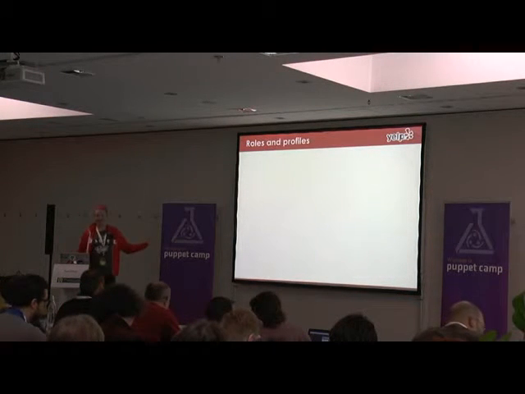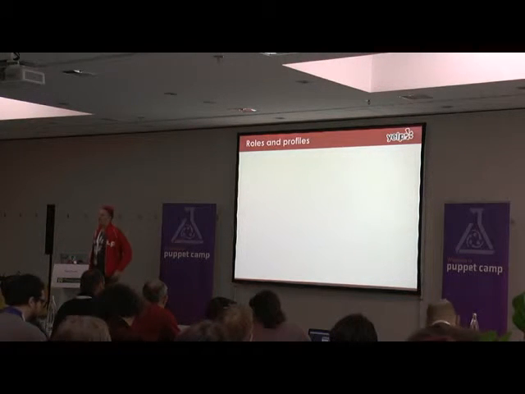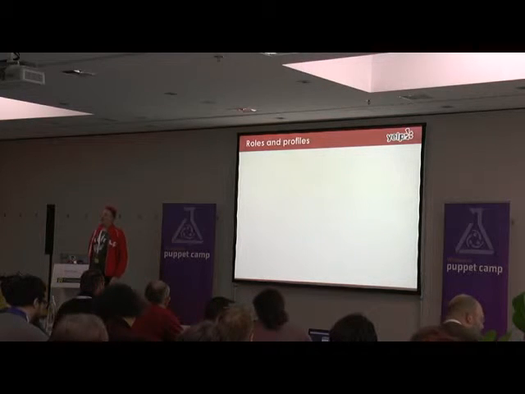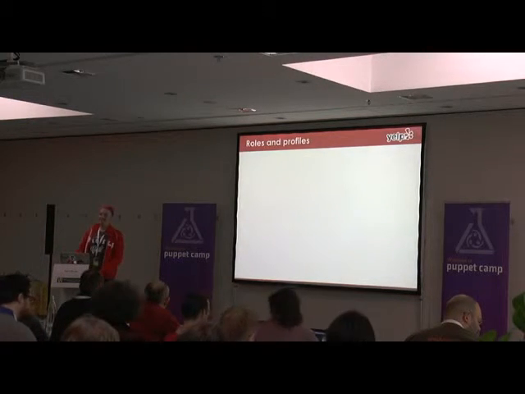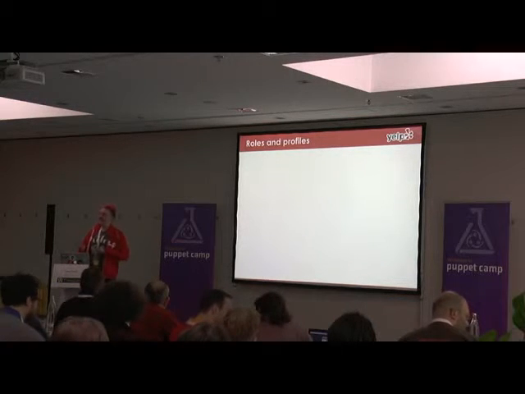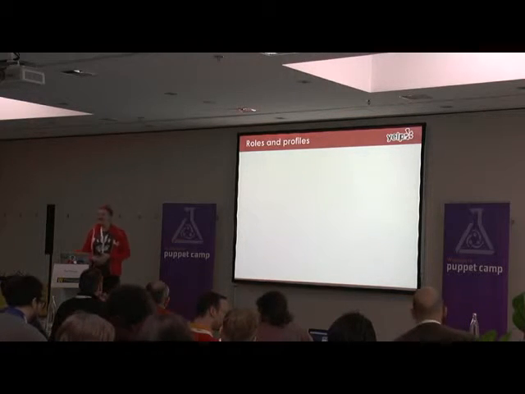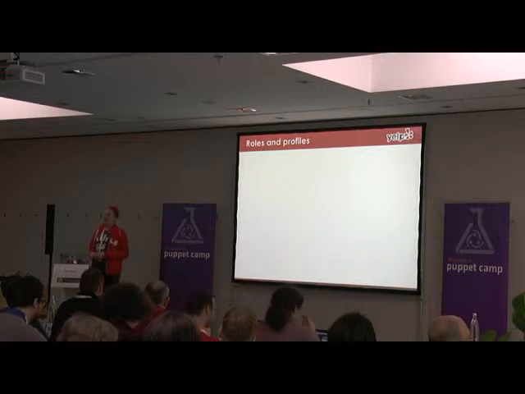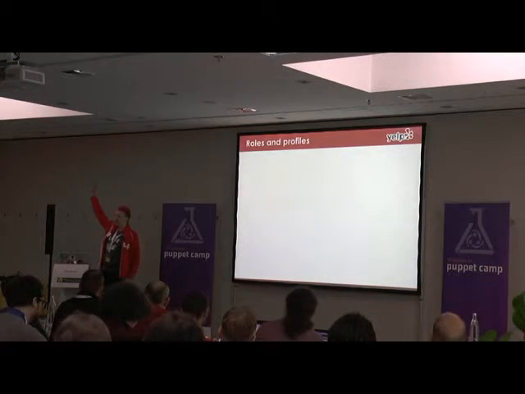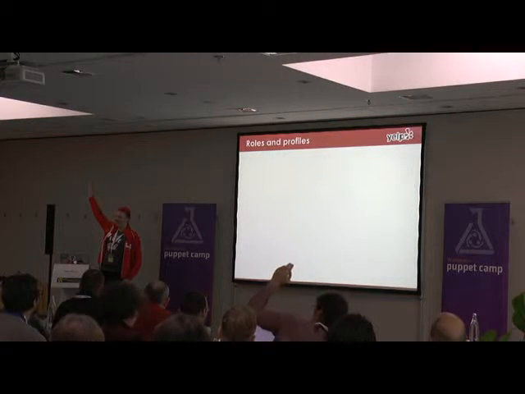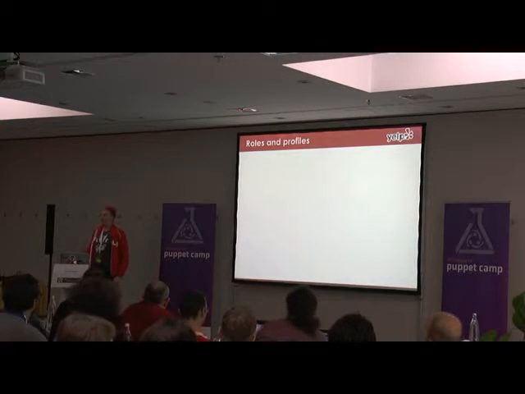So who's heard of this? Roles and profiles. It's about 30% of you. Okay, for people who didn't put their hands up, who has nodes that have 10 plus modules included in them? Say that's your web server.